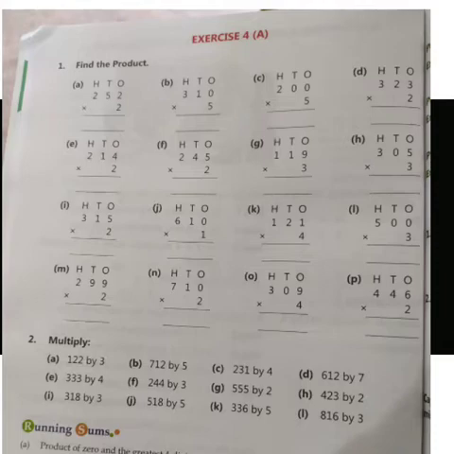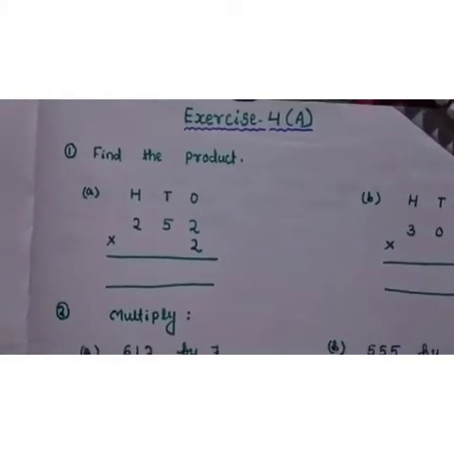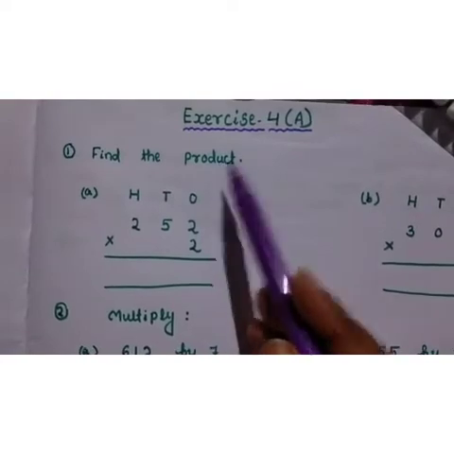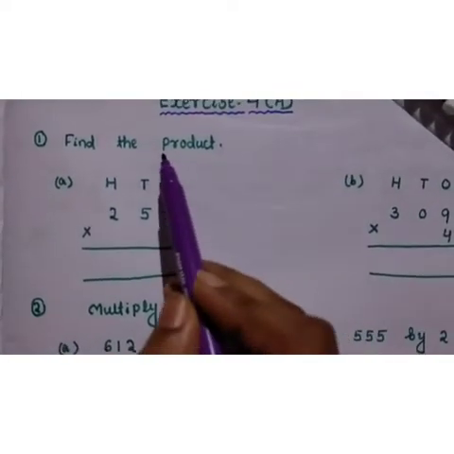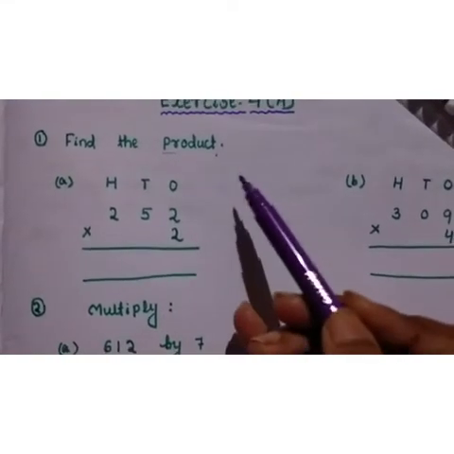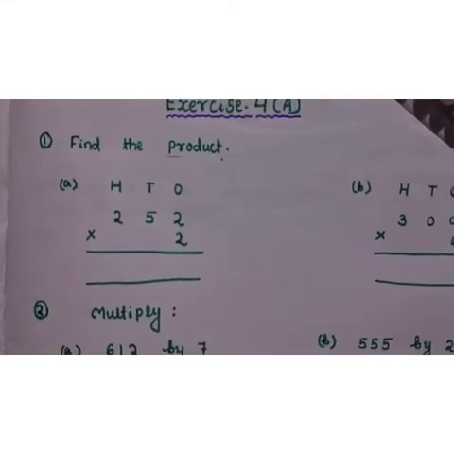So now I will solve 2 questions from each number. Your first number in exercise 4a: find the product. Students, you know very well what is the meaning of product. Product is the answer of the multiplication, understood?